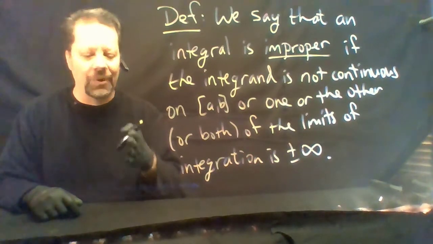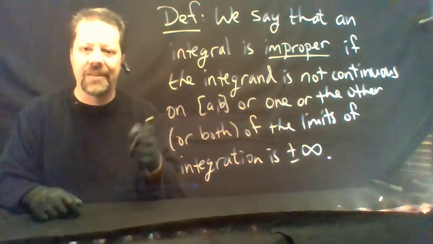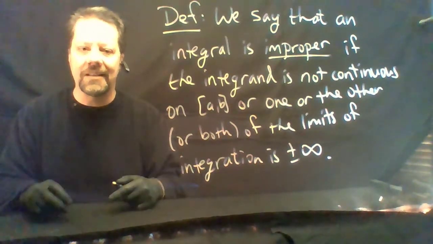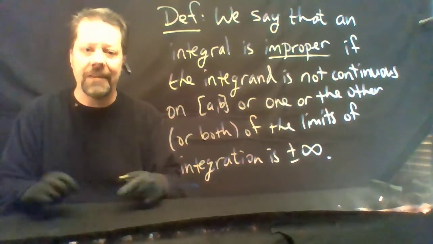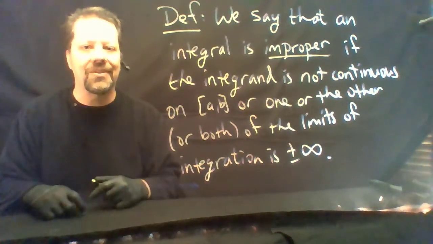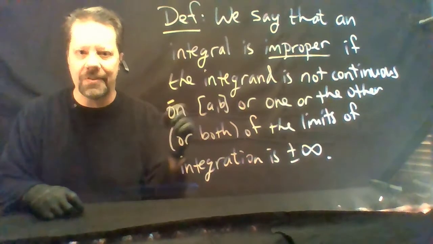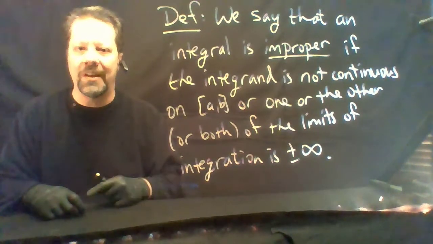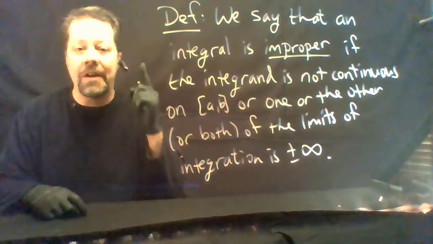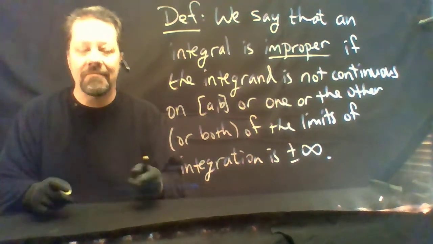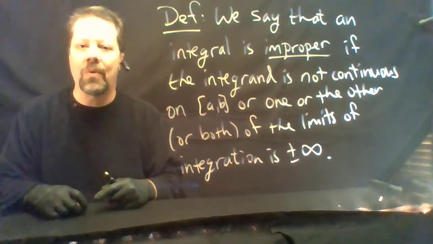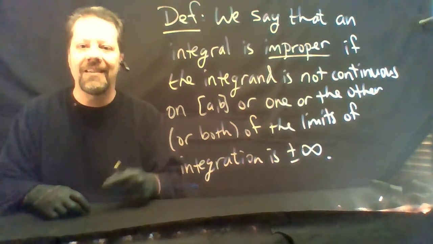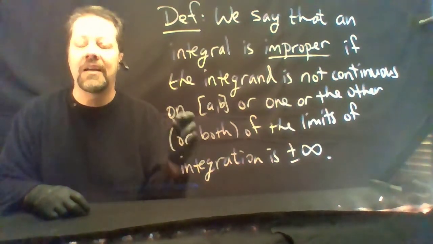So if you have multiple problems, multiple discontinuities, or two limits that are going up to plus infinity and minus infinity, you have to separate this into several different integrals. First, one limit per integral, and then if one of those limits does not exist or diverges, then the whole thing diverges.